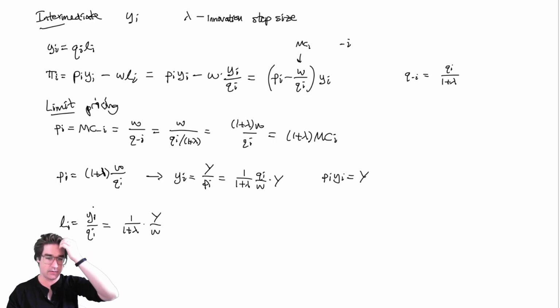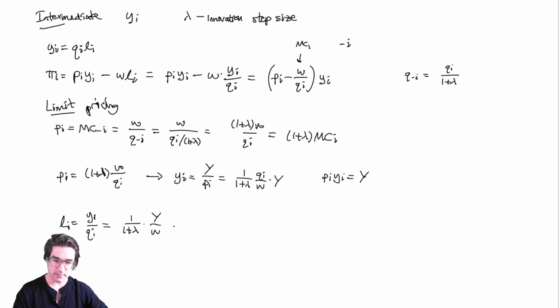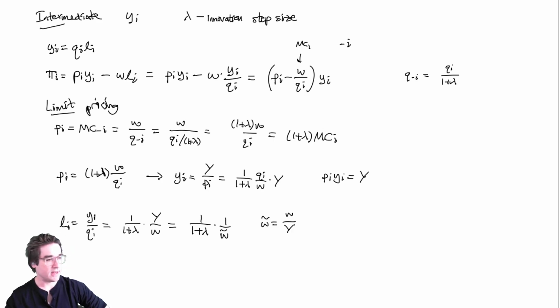Because W is going to be growing at the same rate as Y, we can define W tilde, which is W over Y. Pretty standard: normalizing things by Y, we throw on a tilde.